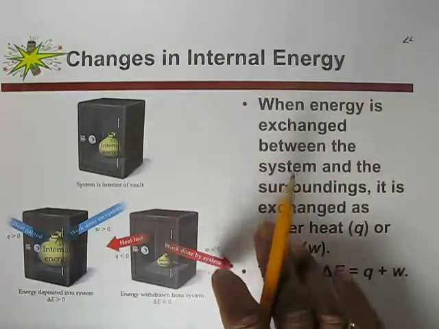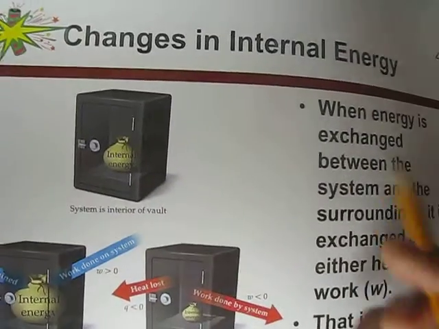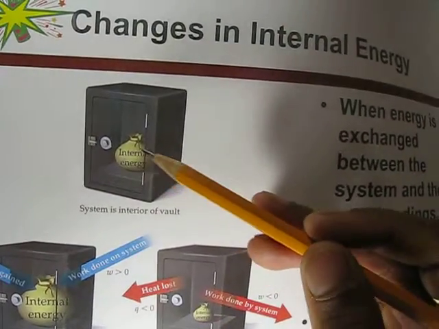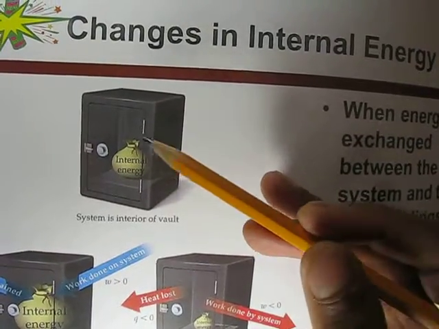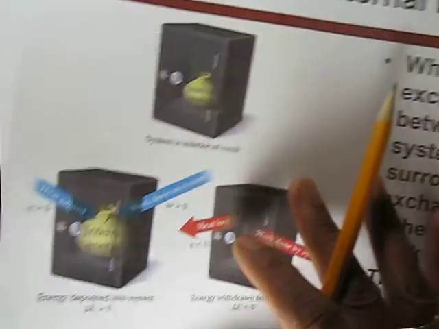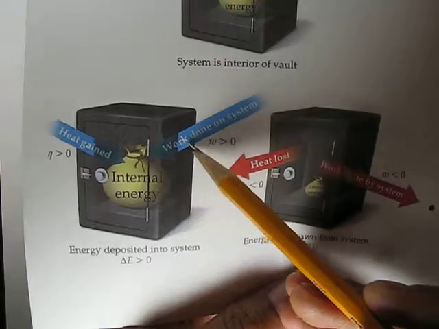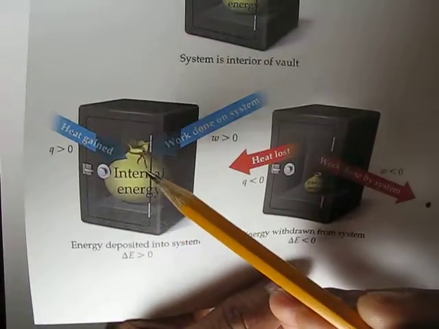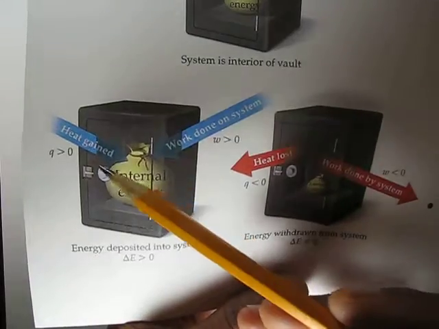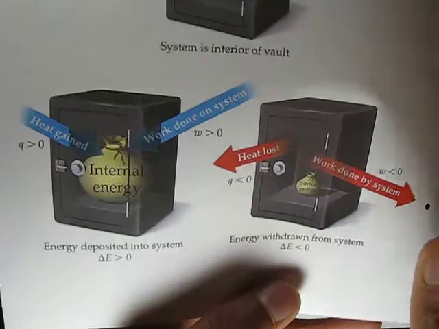And in this figure, suppose you have some internal energy stored in a safe, and when you are adding some more internal energy to the system, basically you are doing work on the system and increasing the internal energy of the system.